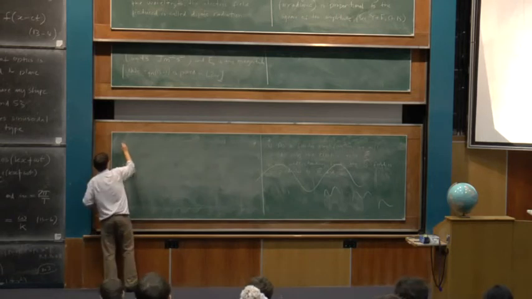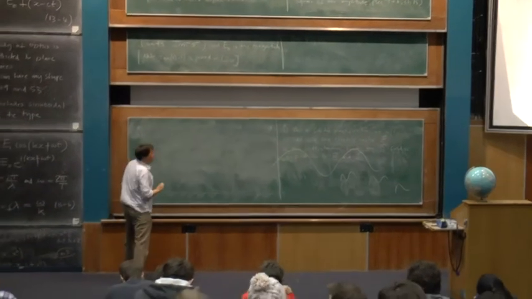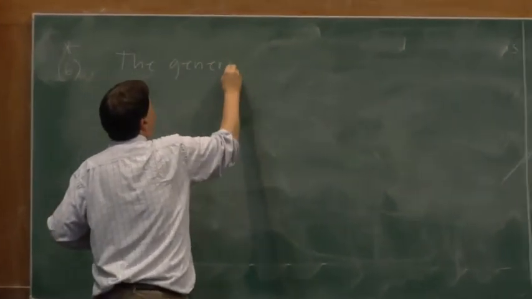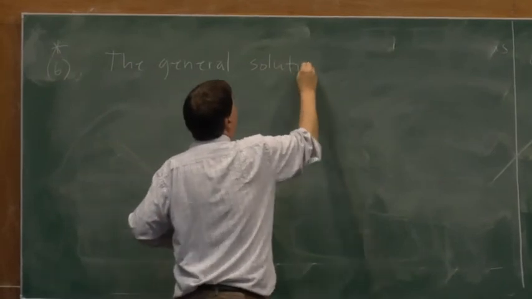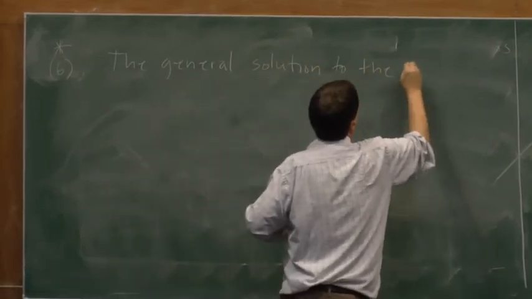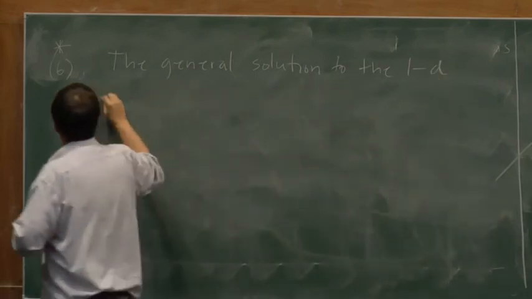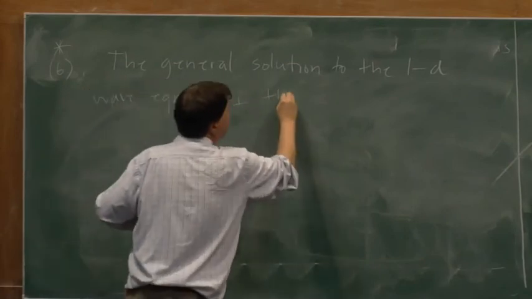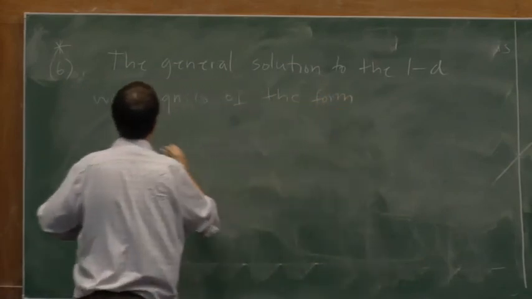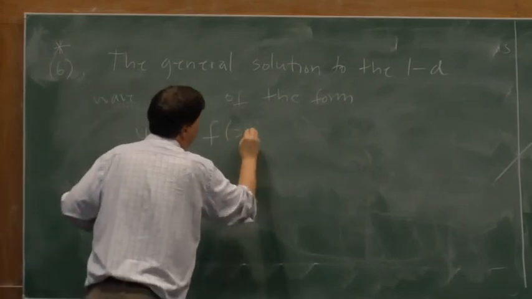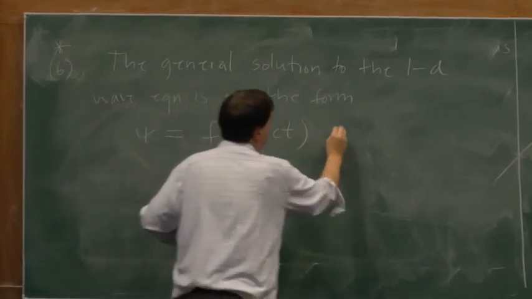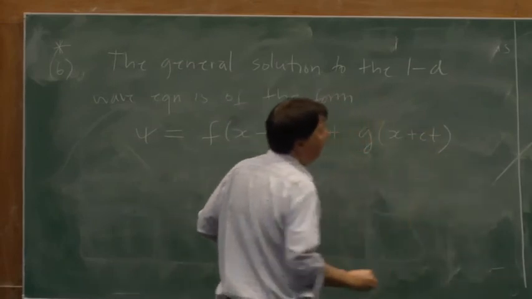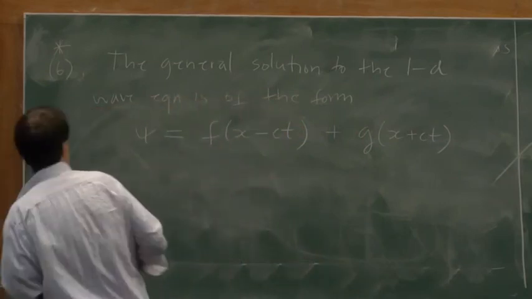Number 6, so you copy it from there: the general solution to the 1D wave equation is of the form ψ equals some function f of x minus ct, plus another function, let's call it g, of x plus ct. I've even forgotten what equation number I've got to, 13.7.